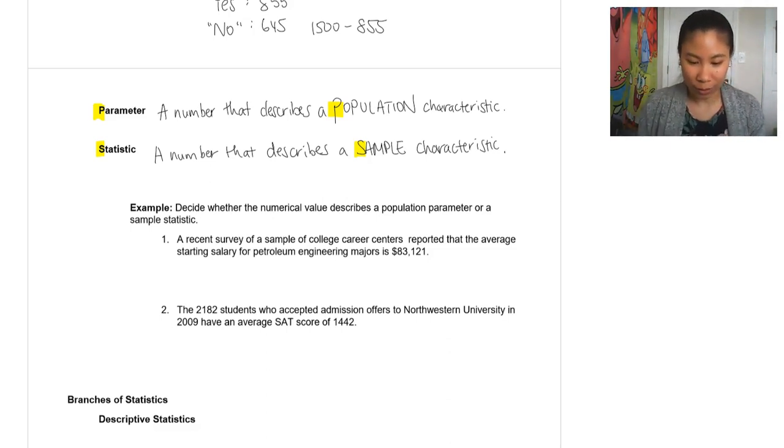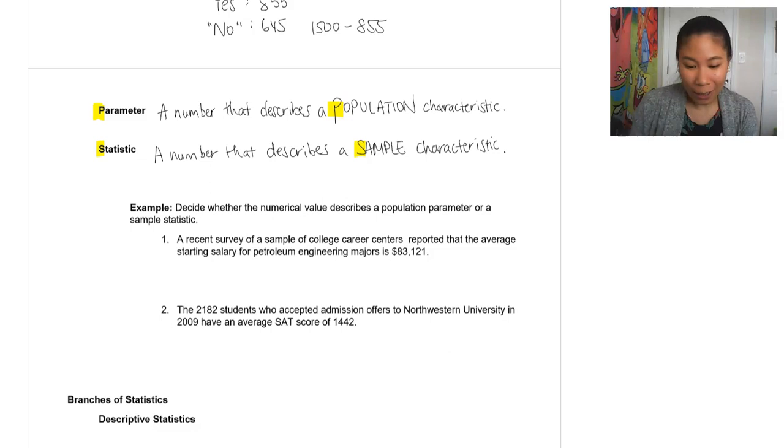So the first example I want to look at is: a recent survey of a sample of college career centers reported that the average starting salary for petroleum engineering majors is $83,121. Okay, this is a solid salary, but they've calculated an average here. So they gathered data, probably asked all these engineers, how much are you making? And then they took all of those numbers, averaged it out, and they got this 83,000 something.